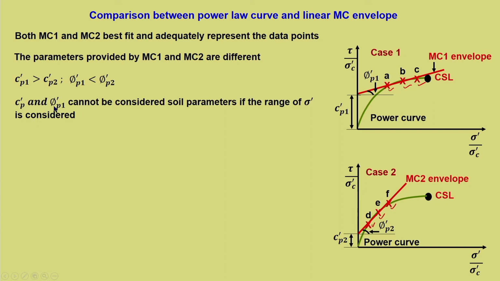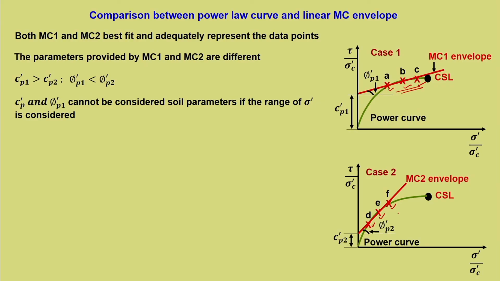Now, C dash P and phi dash P cannot be considered soil parameters if the range of sigma dash is considered. Now, we are going against what we said in the previous slide, where these normalized parameters C dash P and phi dash P can be considered fundamental parameters, provided we are referring only to the initial state; then it is correct.